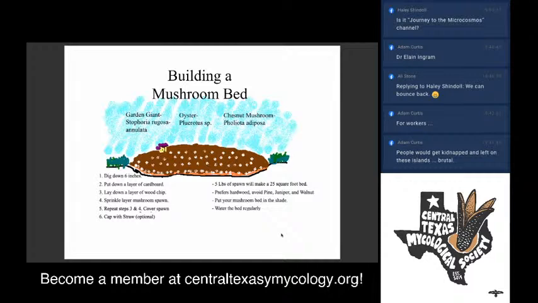And then you'll probably be getting mushrooms maybe at the end of the fall, or the end of the winter, beginning of the spring. But like I said, if you take care of them, they'll keep coming back. You'd be surprised; they're pretty resilient. Even if they dry out, a good dose of rain will wake them up.